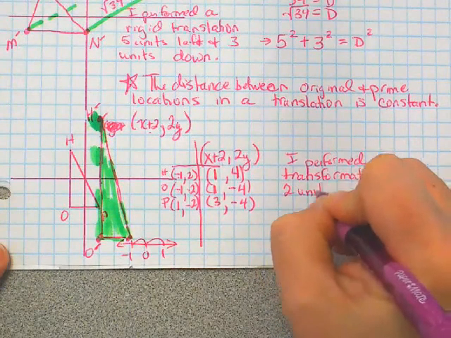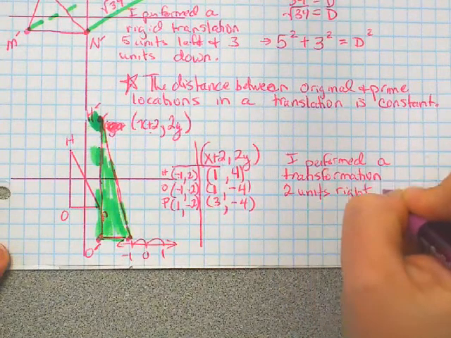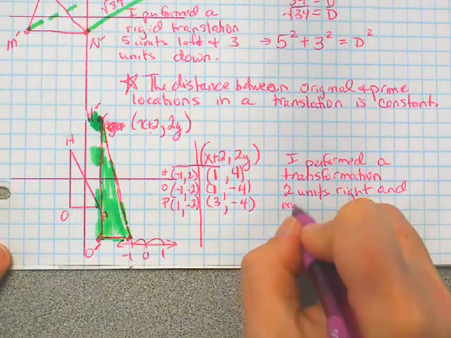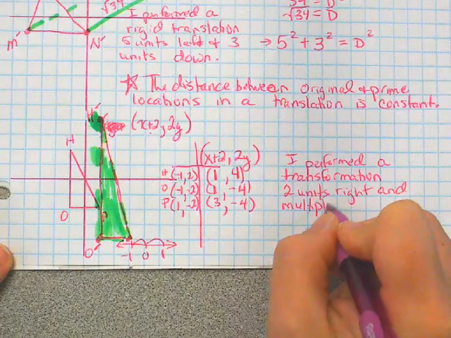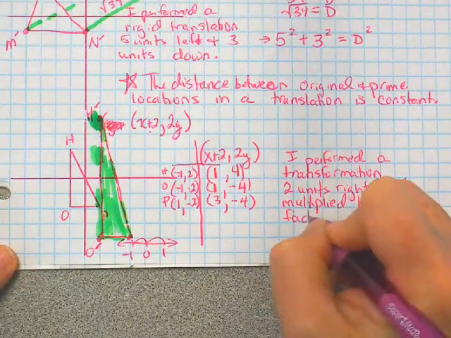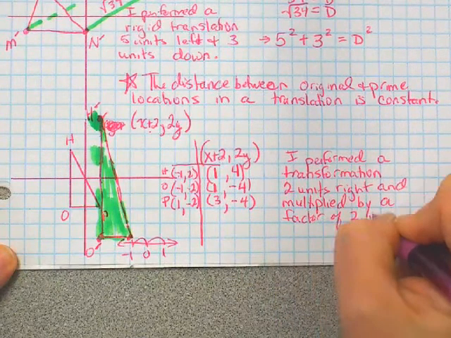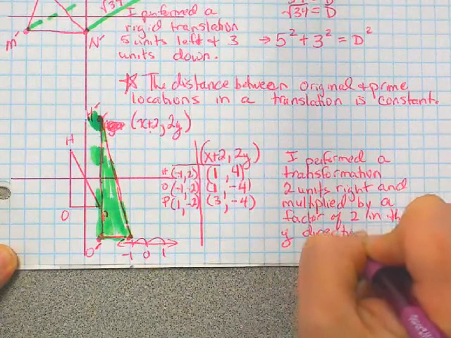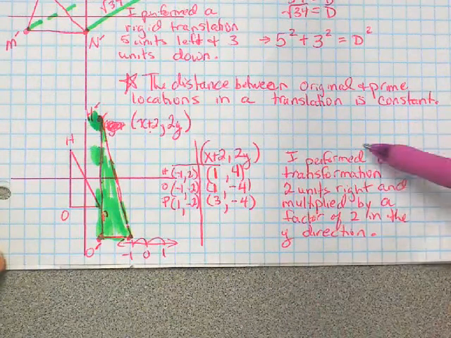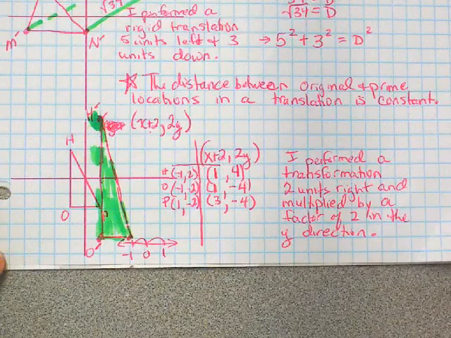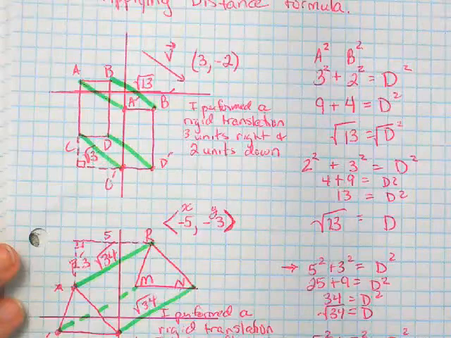I performed a transformation 2 units right and multiplied by a factor of 2 in the y direction. I don't think I'm going to have you do that on the test, but maybe extra credit.